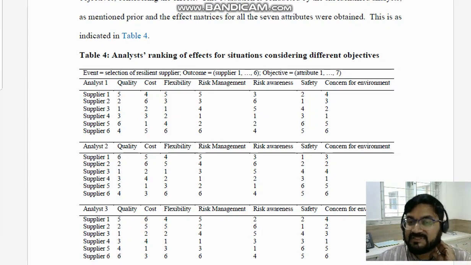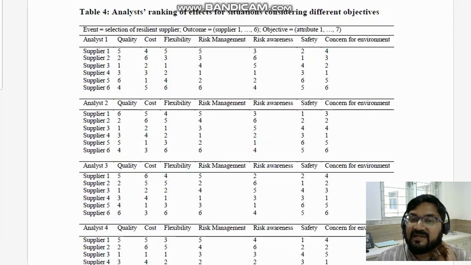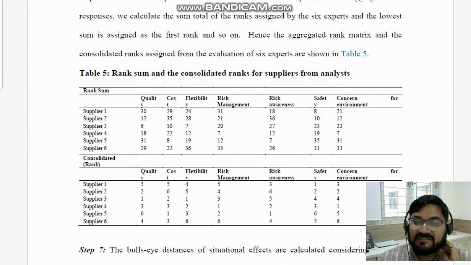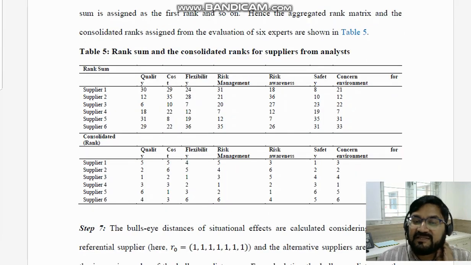So based on objectives we are evaluating, and finally you are taking the sum of these ranks. You can say that for quality, supplier 1 got a sum of ranks as 30. Then how can we do the further evaluation? In the sum of ranks, we take the lowest as rank 1.